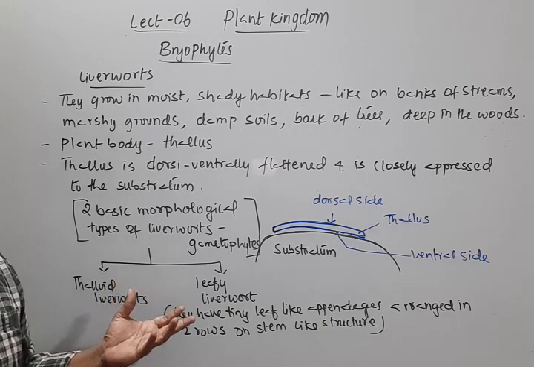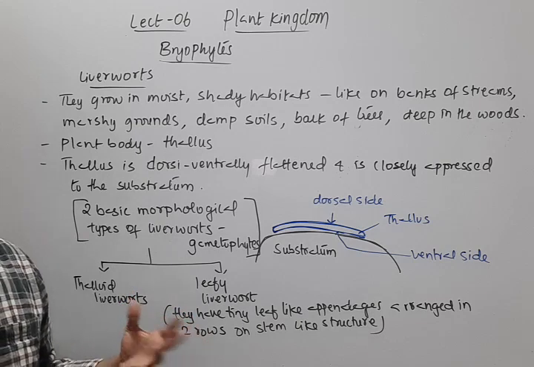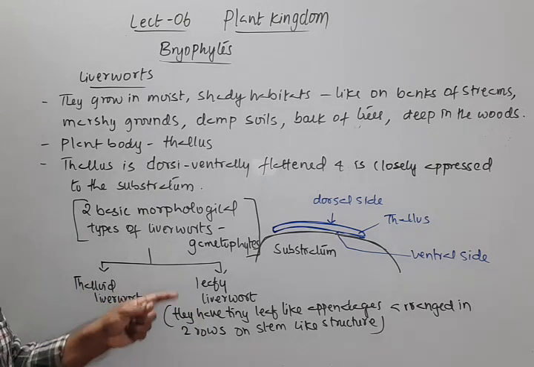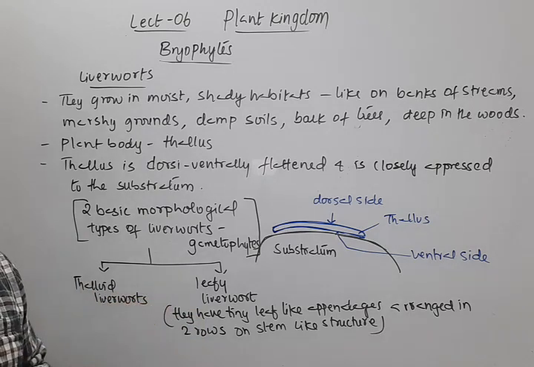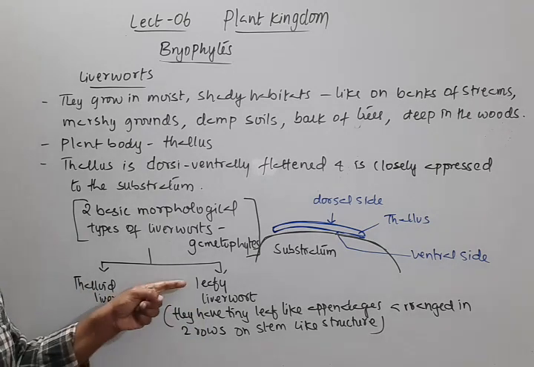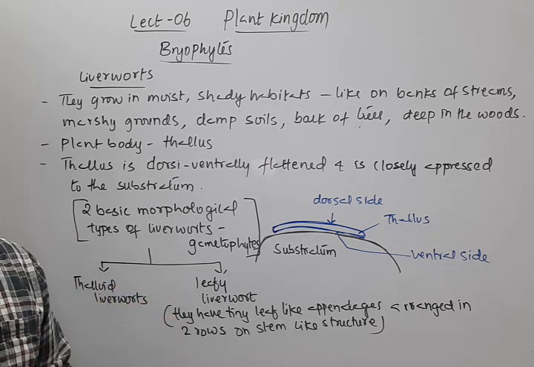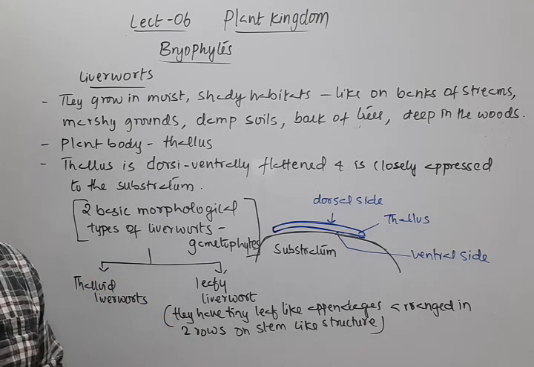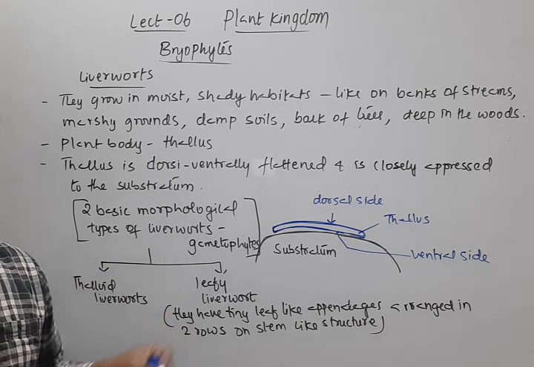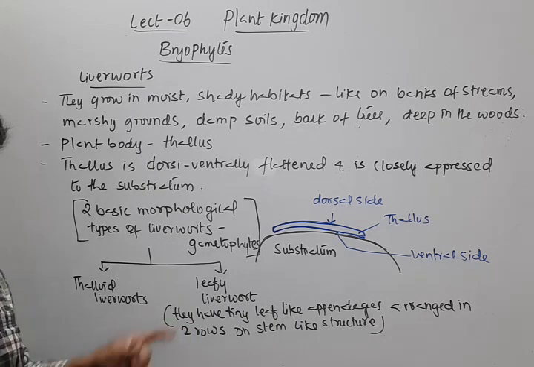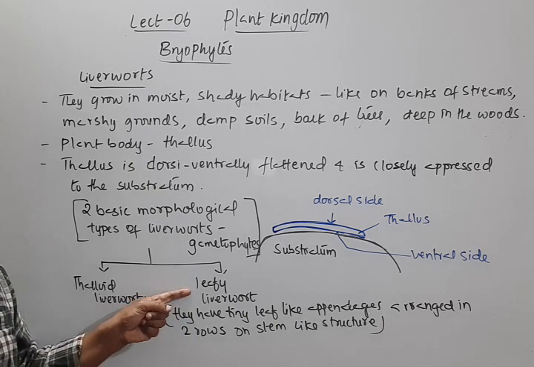Here I may draw a two-dimensional picture, but it may not give you a clear-cut idea how it actually looks. There are plenty of pictures on the internet. Just type leafy liverwort and it will show you how it looks, with those leaf-like appendages. They are not true leaves actually, right? They are only leaf-like structures.